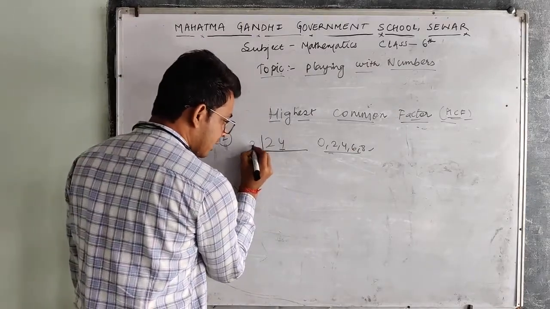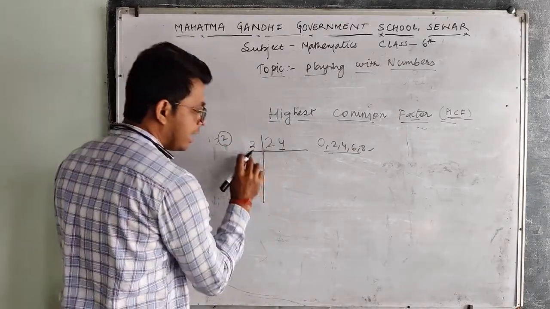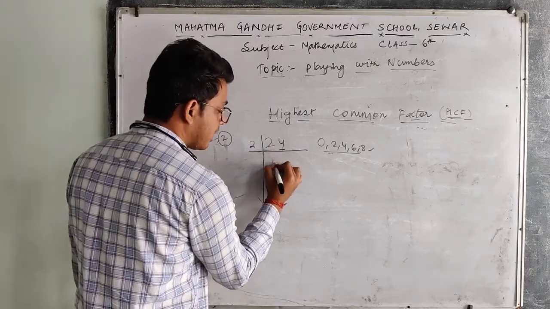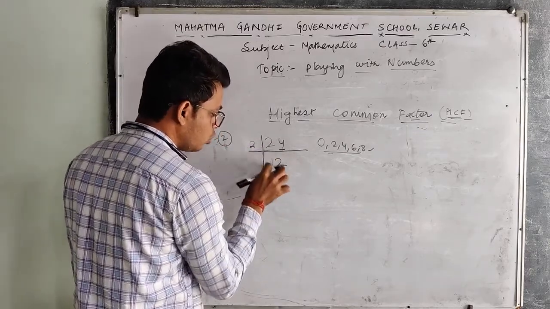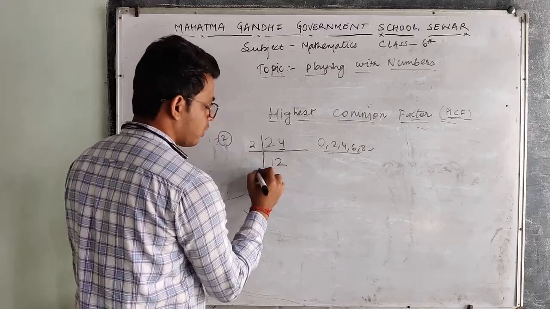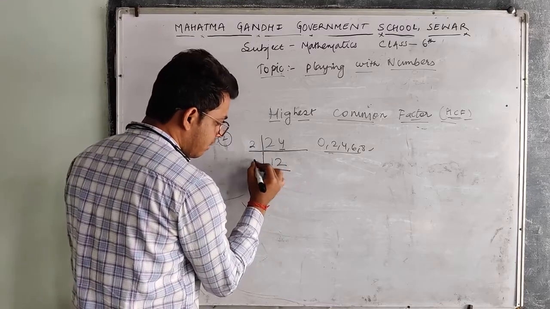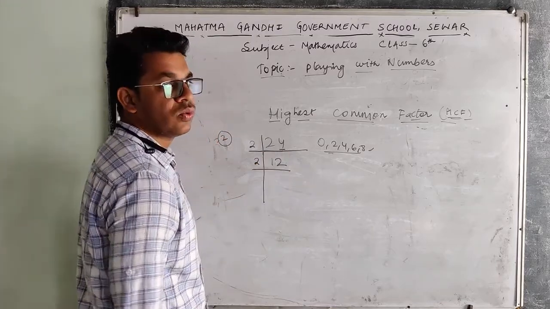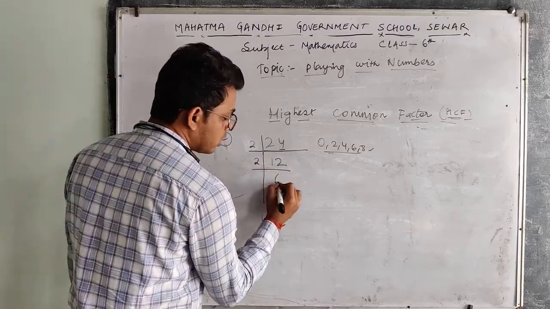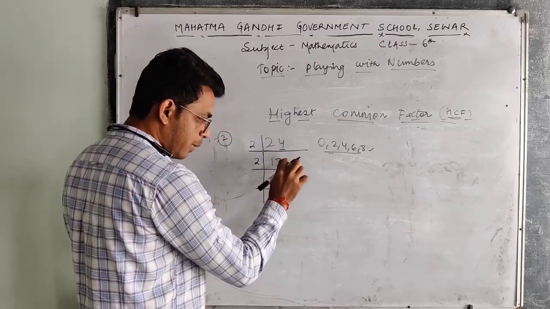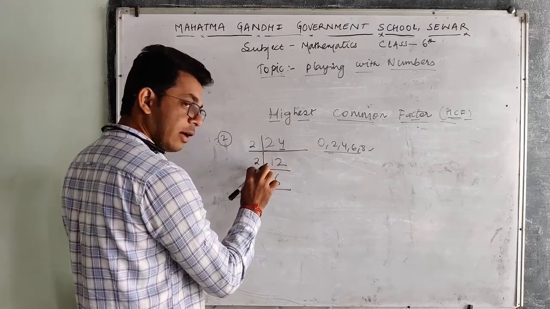We will start here from 2. If I divide 24 by 2, how many times? 12 times. 2 1s are 2, 2 2s are 4. We place the quotient here, and again we divide by 2. 2 6s are 12.